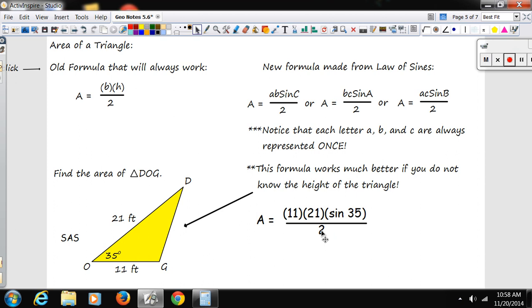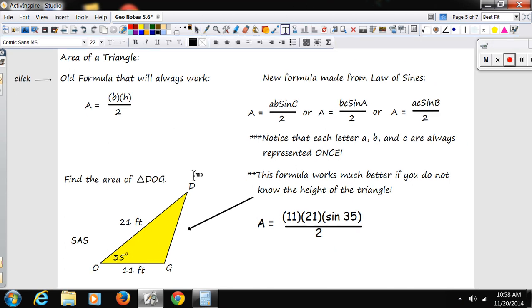That's one formula that you could plug in if you've got the side-angle-side. The reason is, let's pretend that angle D was our A, because if we're going to have alphabetical order for DOG, D would be first, G would be next, and E and O would be last.